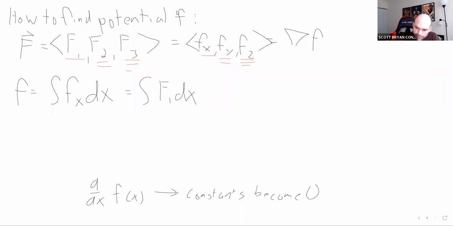So similarly, for functions of three variables, if we take the partial with respect to x of, say, a function of x, y, and z, we're treating everything but x as a constant. So anything just involving y and z is going to become zero.